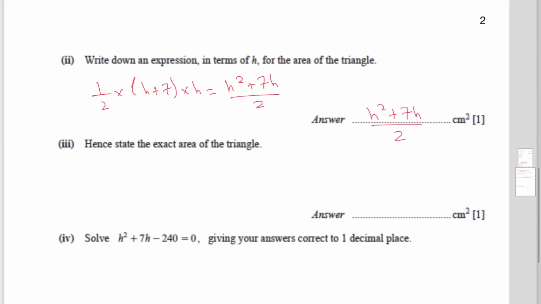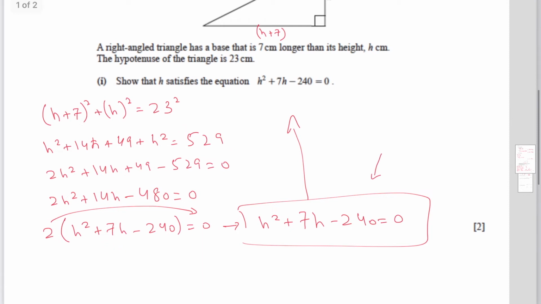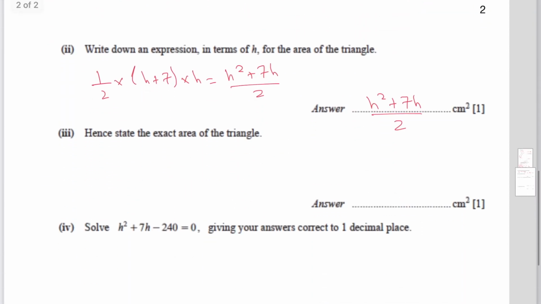The next part says hence state the exact area of the triangle. So in the previous part we had this equation right here, which was h square plus 7h minus 240 equal to 0. So we can write our equation over here, h square plus 7h minus 240 equal to 0. And then from this part we got h square plus 7h divided by 2.